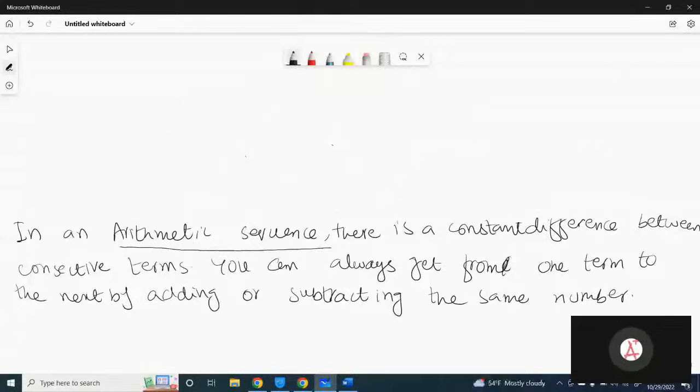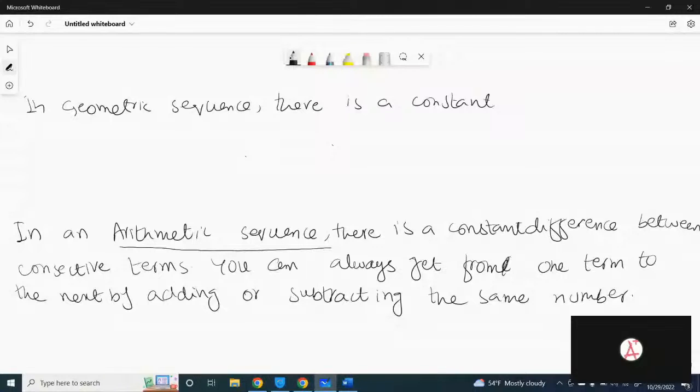So in a geometric sequence there is a constant multiplier between consecutive terms.